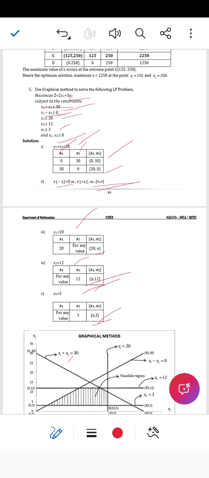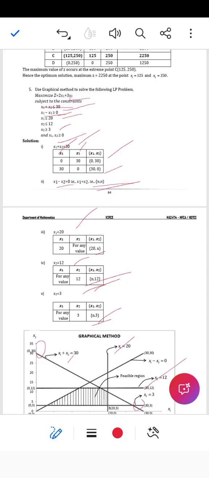Using these points, first mark the points and then join them to get the corresponding line. This line is x1 plus x2 equal to 30. First plot 0 comma 30 and 30 comma 0. Joining these 2 points we get the line x1 plus x2 equal to 30.